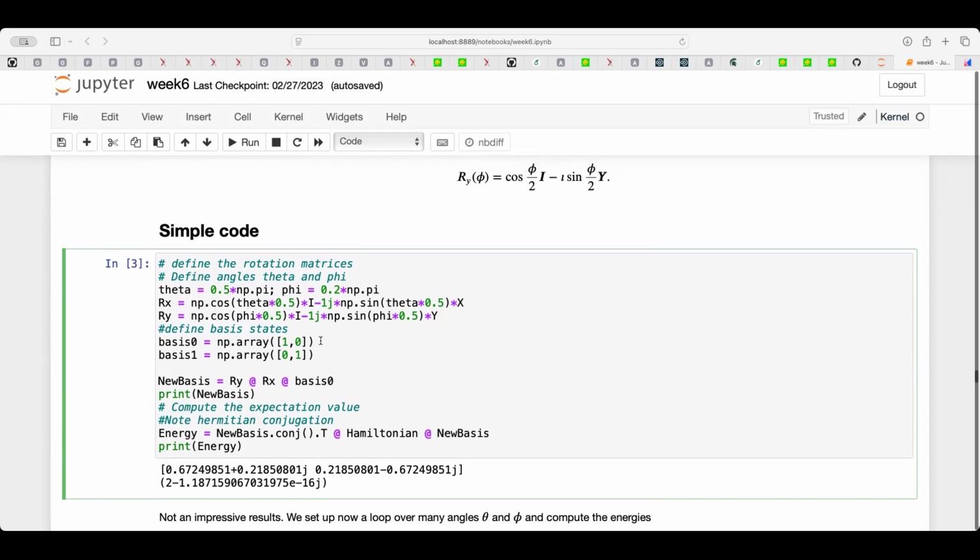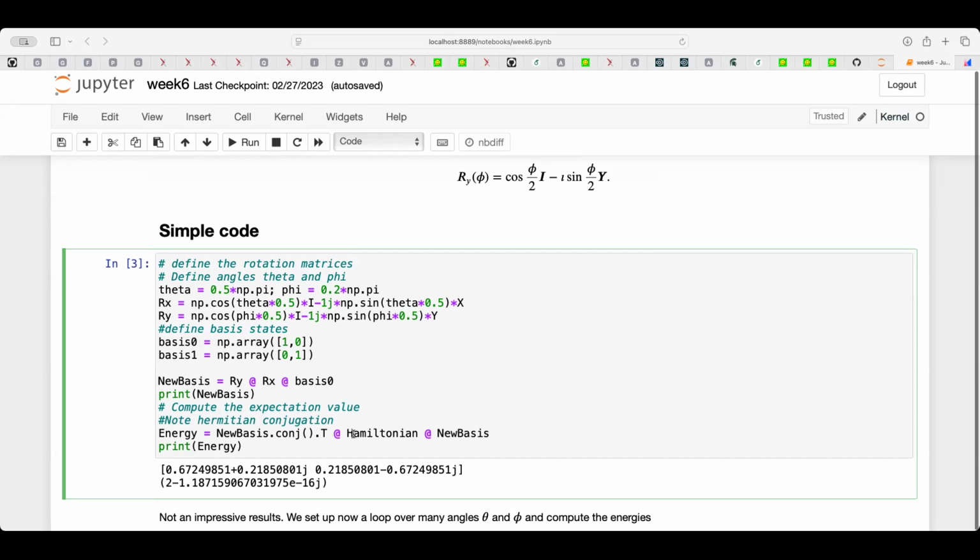And I have the same Hamiltonian as before. So I'm not making a measurement. I'm just making a plain computation. So there is no rewriting in terms of a Pauli Z matrix and the Pauli X matrix. So this is just a straightforward implementation of the calculational recipes, where I now take the new basis.